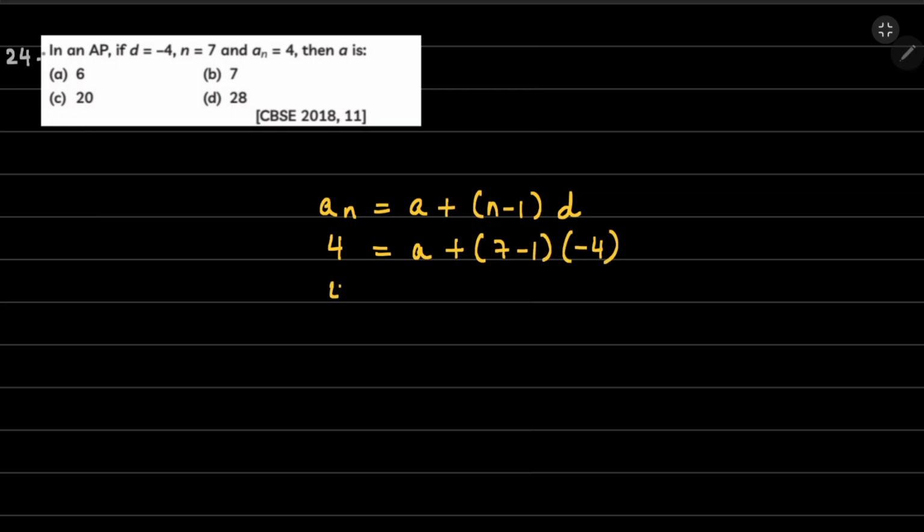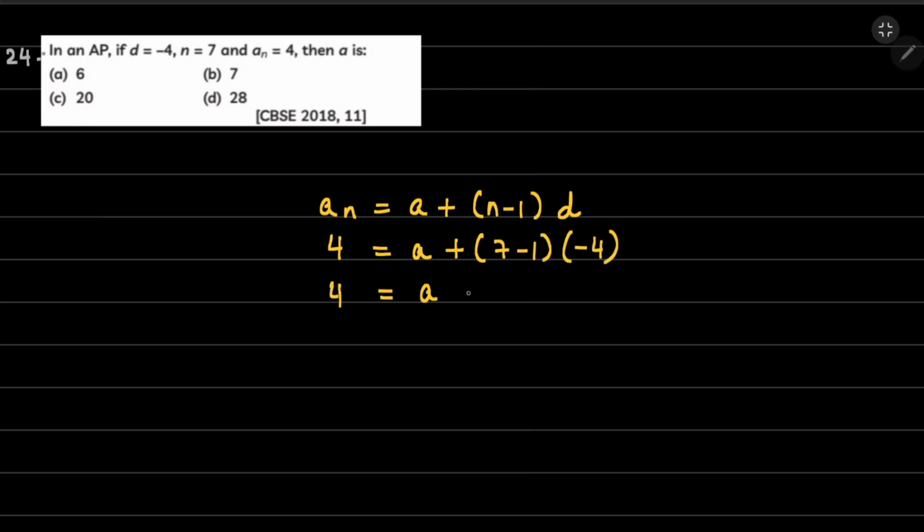In an AP, if D is equal to minus 4, N is 7, AN is 4, find A. Just write the formula for the nth term. AN is equal to A plus N minus 1 into D. Just substitute the values. AN is 4, A we have to find, N is 7 and D is minus 4.